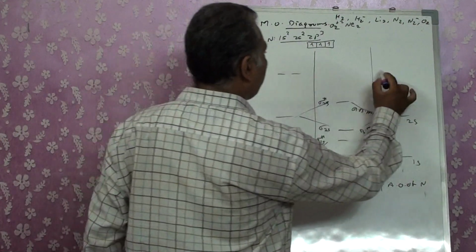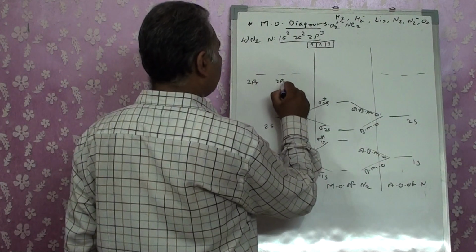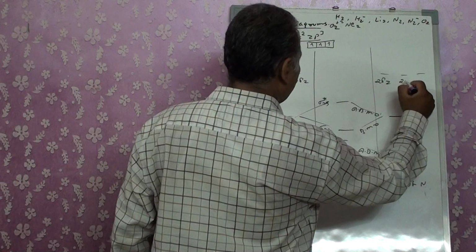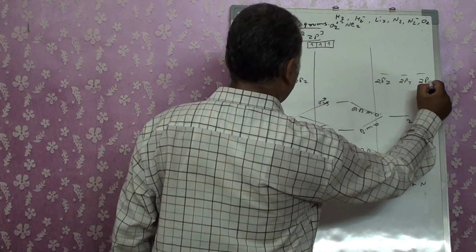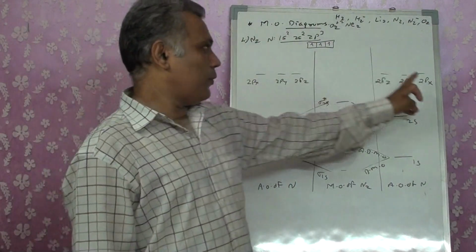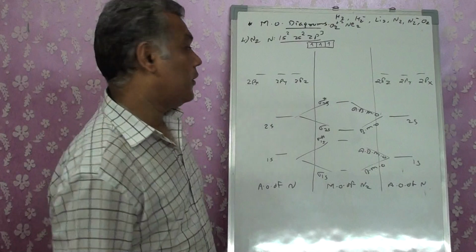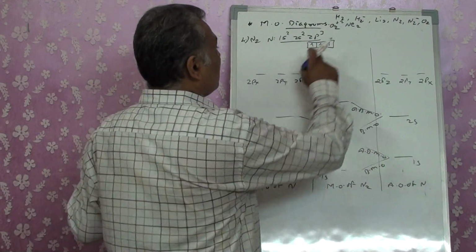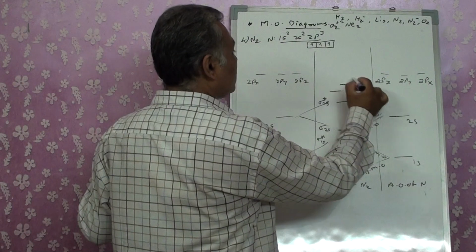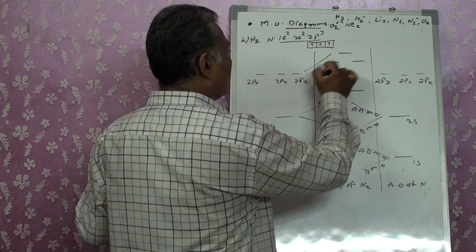Then you will have the p orbitals, 2px, 2py, 2pz. Again, while I gave you a generalized diagram, I told you that orbitals should be appropriately written, right? You now have 3 unpaired electrons, so the orbitals should be written in this format.